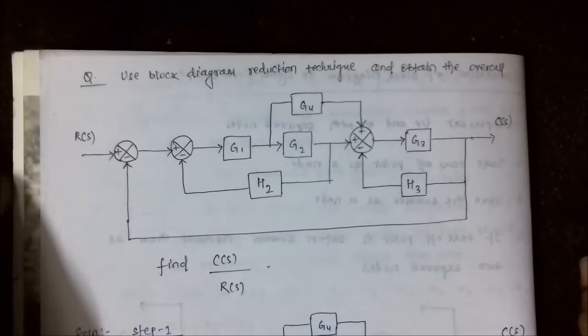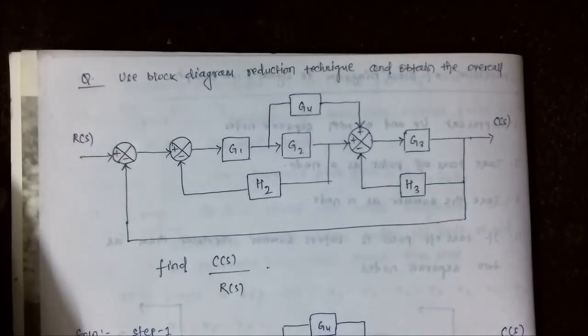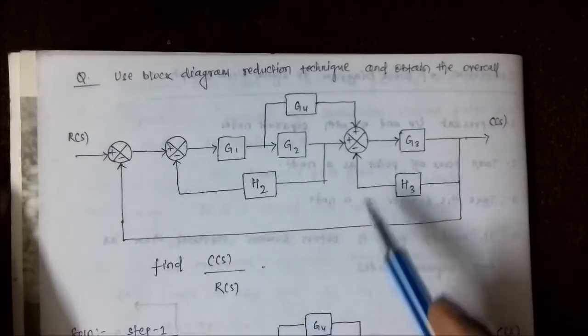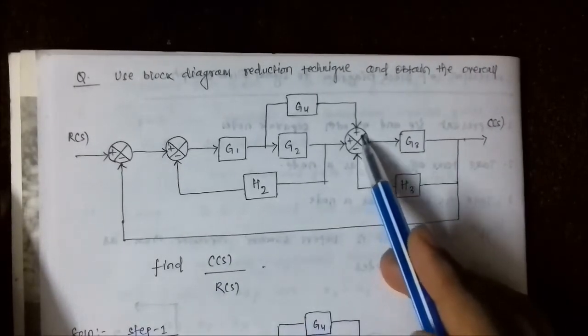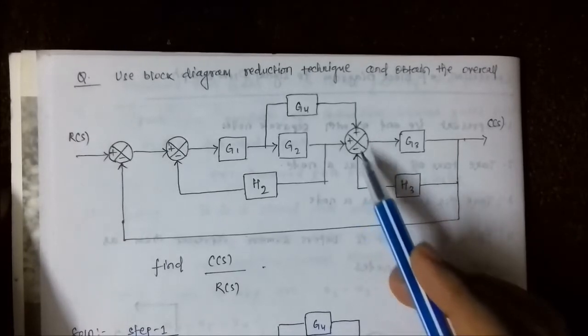When you see this block, start from a point where you can apply any of the block diagram reduction rules. When I see this block, I see this point. It is a 3 signal summer: positive, positive, negative.